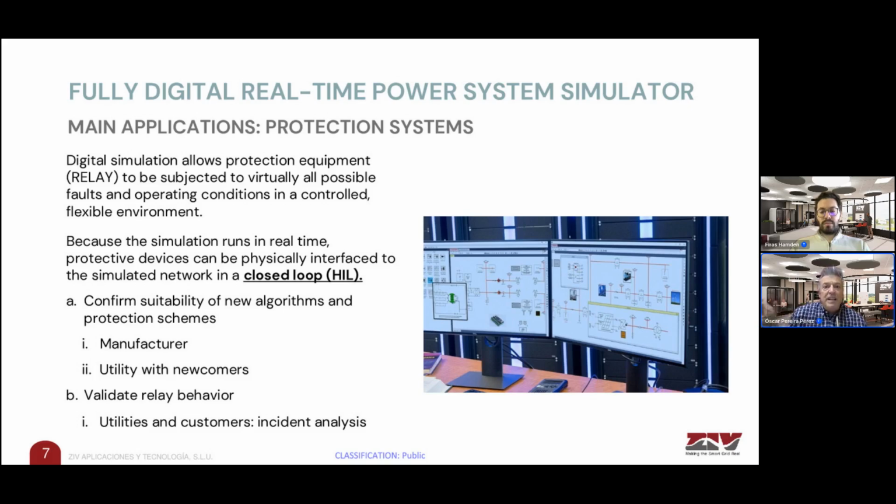The relay may operate or not, but at the end of the day, the utility wants to know what happened, what were the effects of that fault, if the relay tripped correctly or not, etc. So again, this RTDS simulator is very useful to repeat in the laboratory what happened days ago on site in the field.